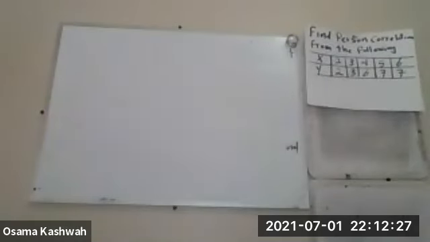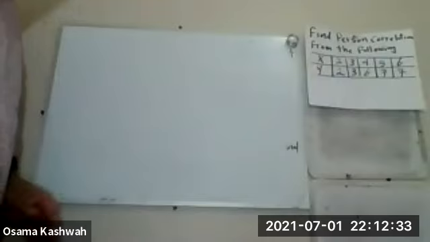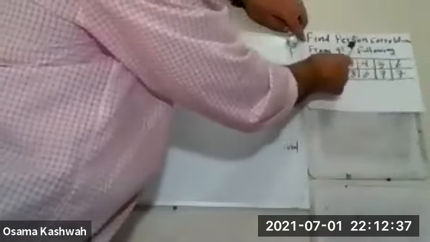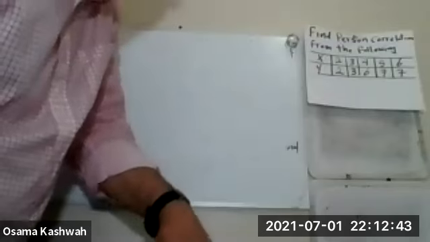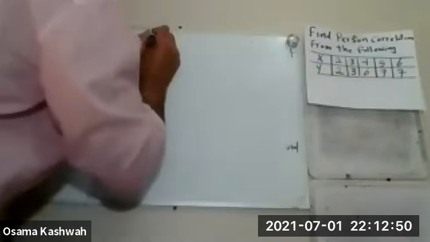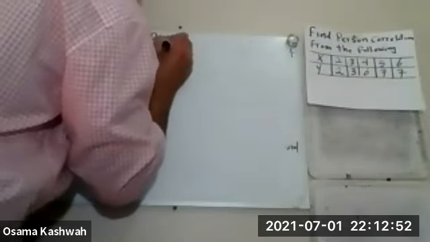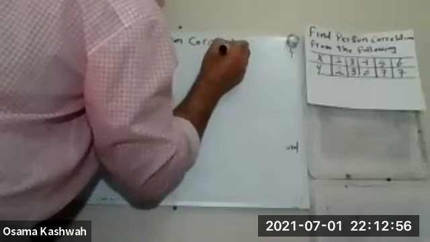We'll do it according to Pearson correlation, because we have Spearman for ranks and Pearson correlation for the amounts. So here we find the correlation based on Pearson.